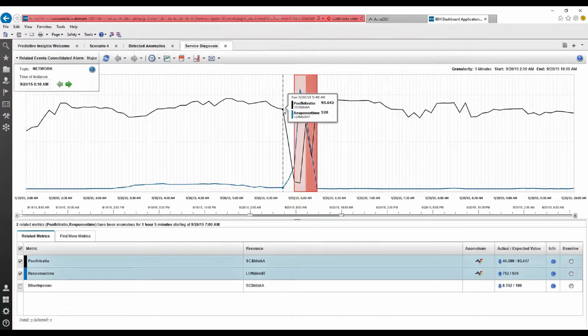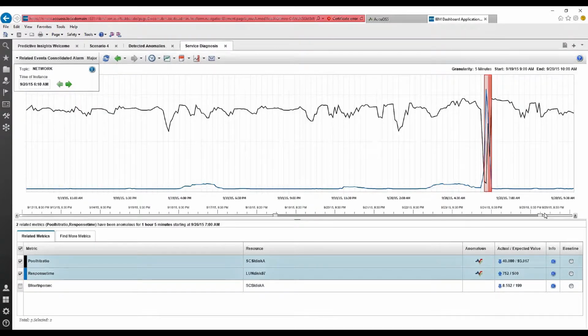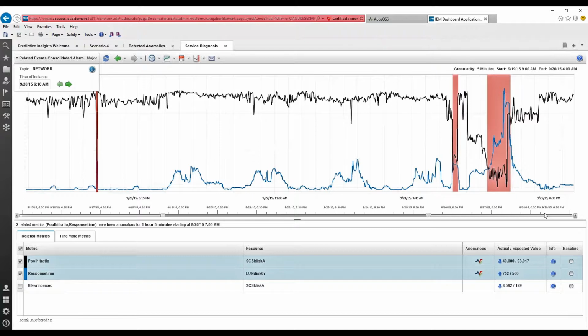Every time we have a pull hit ratio that is dropping, we also see that our response time on the other LUN is going up. And it's not something that's happened just once. It's happened several times, so the system knows to start tracking these particular KPIs together as a relationship.